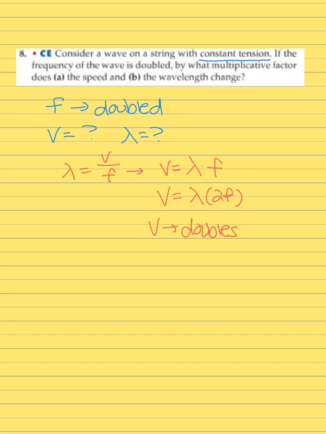So I'm going to rearrange my equation once again. And if I double my frequency, that's going to make my wavelength in half, or by 1/2.